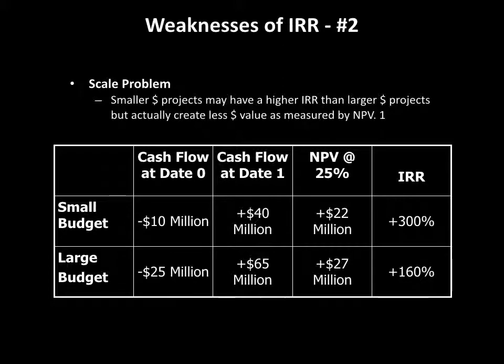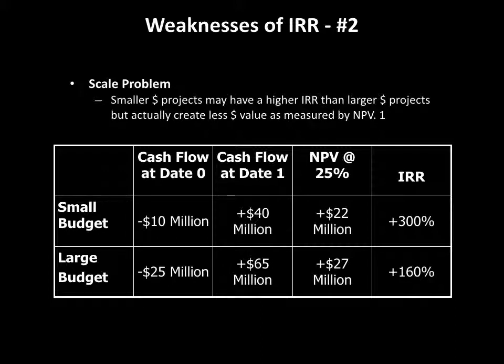Another weakness of internal rate of return, if you solely rely upon that for your decision making, is that it tends to favor smaller dollar investment projects versus larger dollar ones, even if the larger dollar investment project creates a larger net present value.